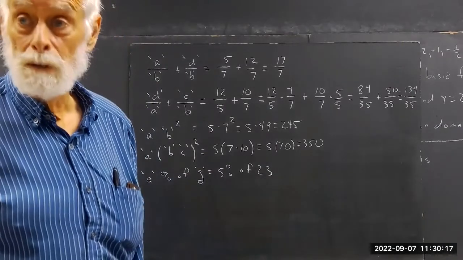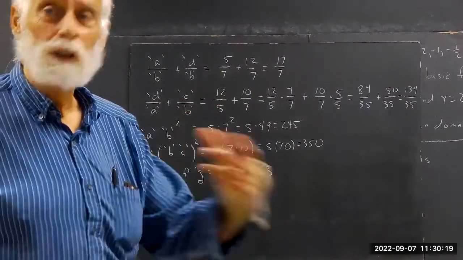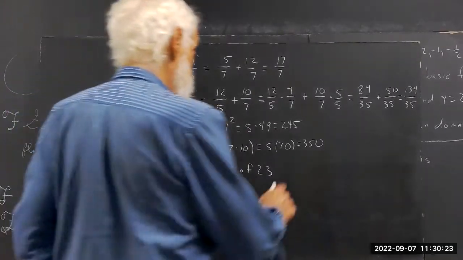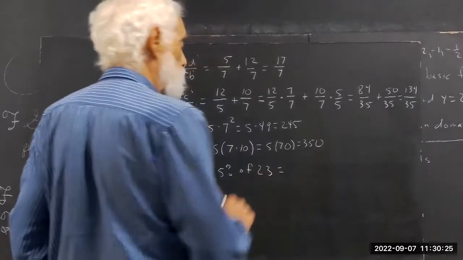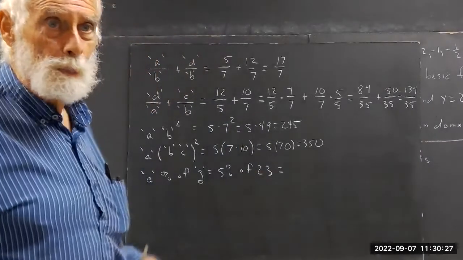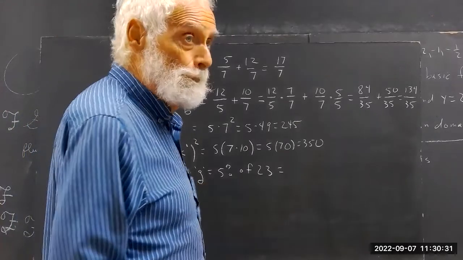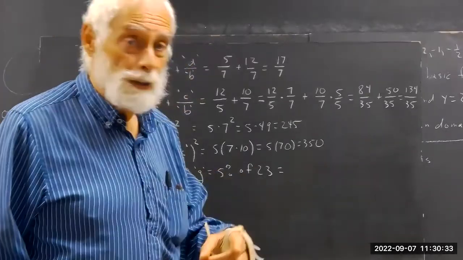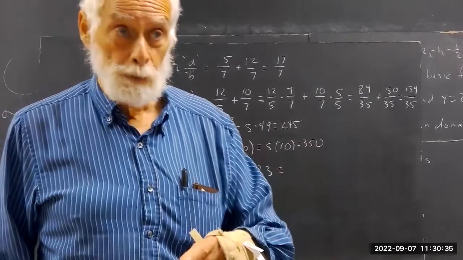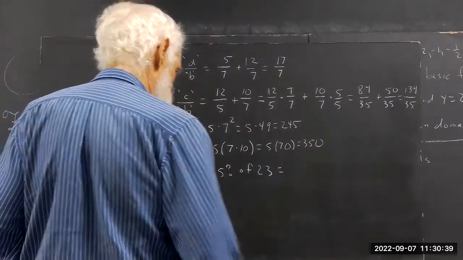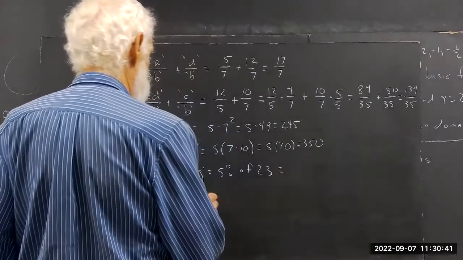Then it's legitimate to press the button. Okay. Although 5% of 23 is what we should be able to do without pressing buttons. Okay, so 5% means what? 5% means 5 per 100. Okay. So I'm going to put this in red.